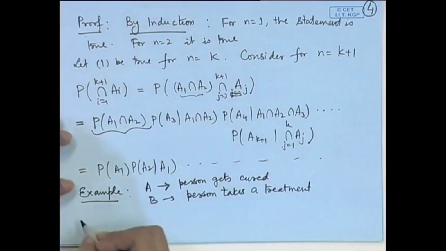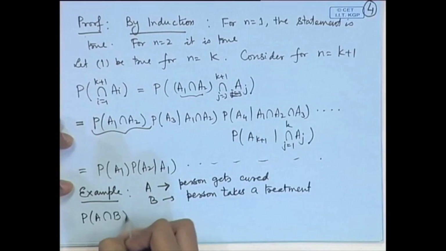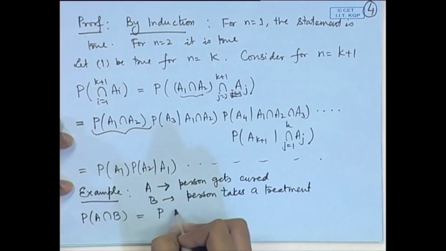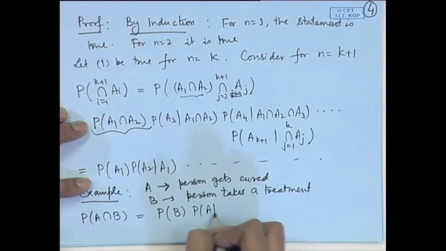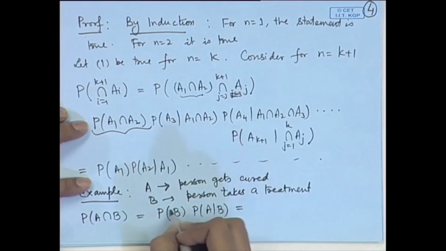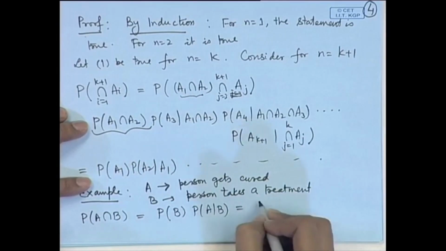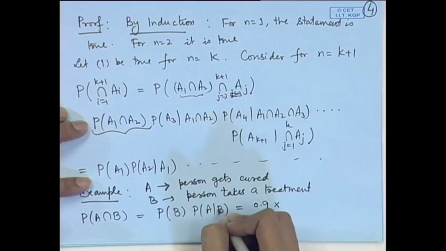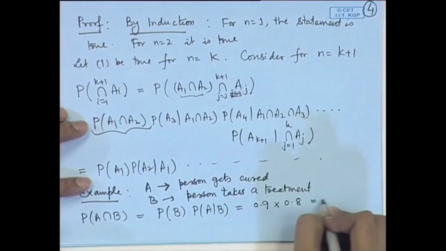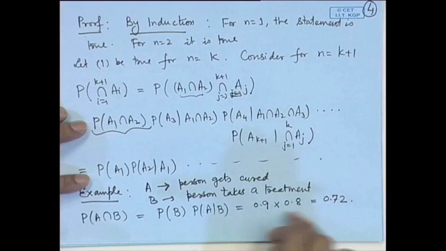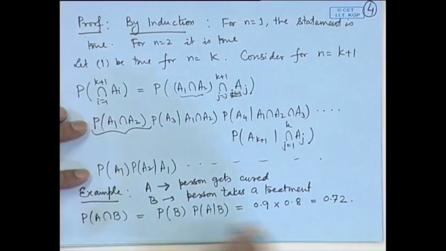Now, suppose probability of A intersection B is to be determined, then we can write it as probability of B into probability of A given B. Suppose we know how many people take that particular treatment, suppose 90% of the people take the treatment, and of the number of people who take the treatment, suppose 80% get recovered, then this probability turns out to be 0.72, which might have been difficult otherwise.